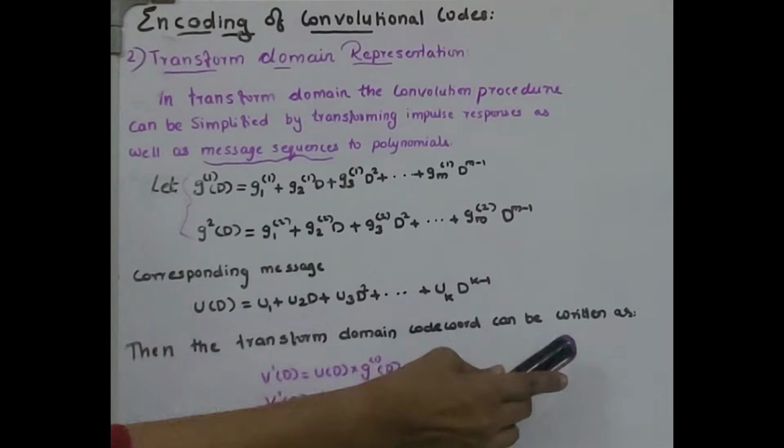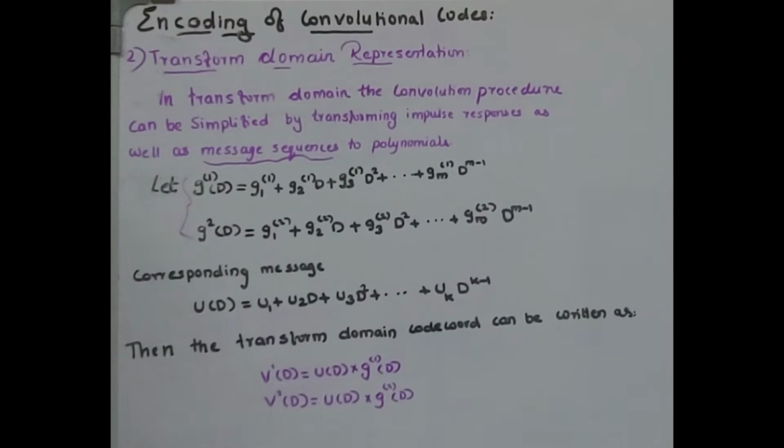Then we can find the code word as V1(D) is equal to U(D), the message polynomial, into the generator polynomial G1(D), and V2(D) is equal to the message into the second output G2(D). This is how we find the code word in transform domain representation.